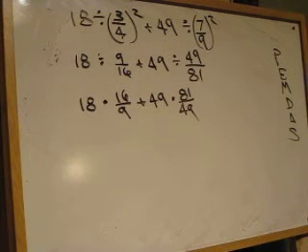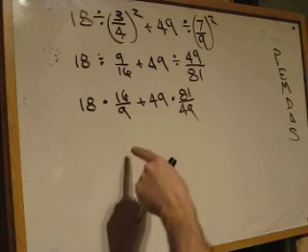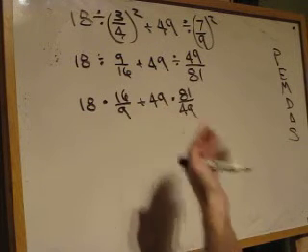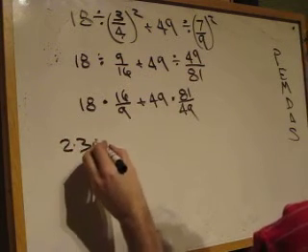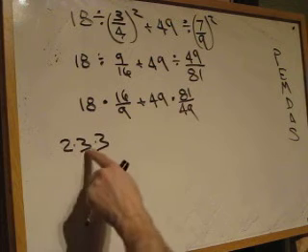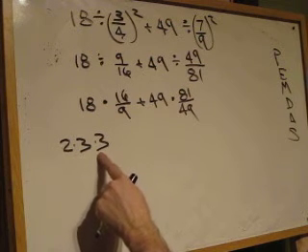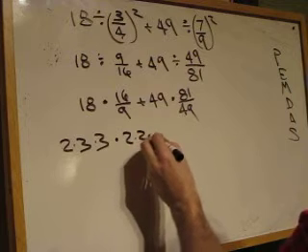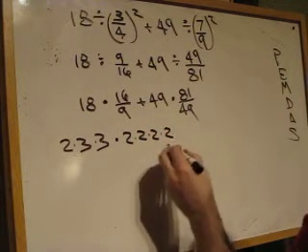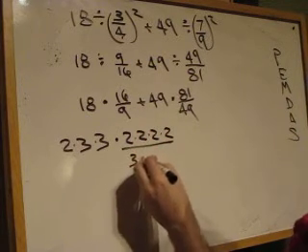Now let's take our fractions and write those as prime factors. We can also do that with our 18 and our 49. So let's change our 18 to 2 times 3 times 3. 2 times 3 is 6, times 3 is 18. And let's do that with our 16. 2 times 2 is 4, times 2 is 8, times 2 is 16, over 3 times 3.